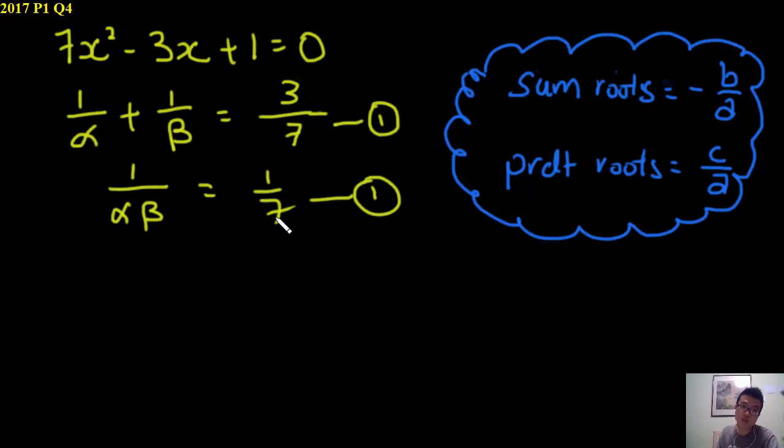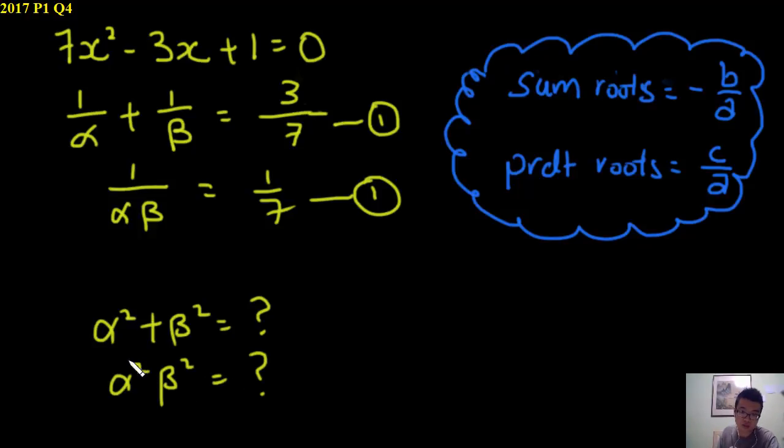So from here, two major steps. One is to get the sum of roots of alpha square and beta square. So this will serve as your first major step.